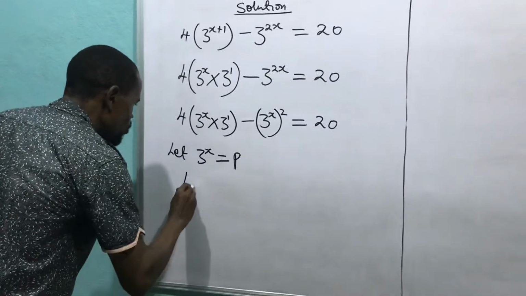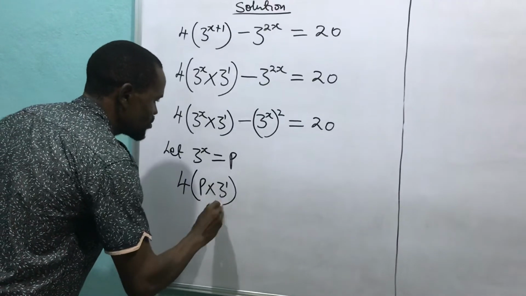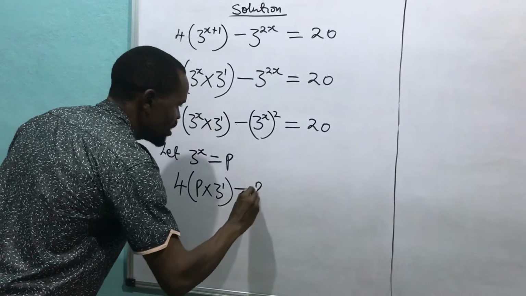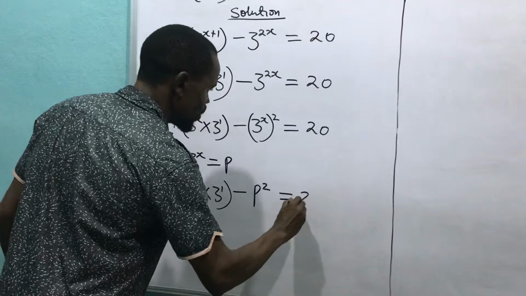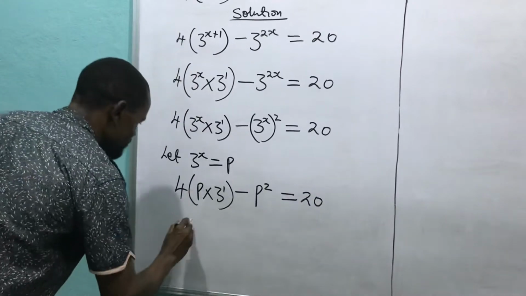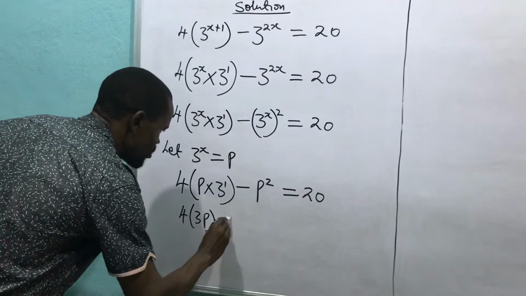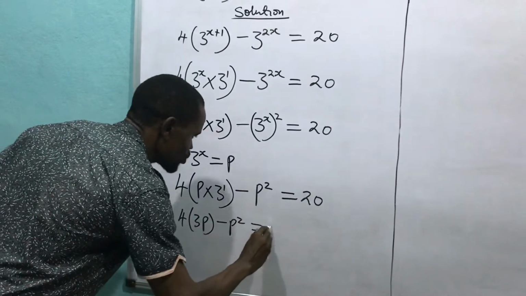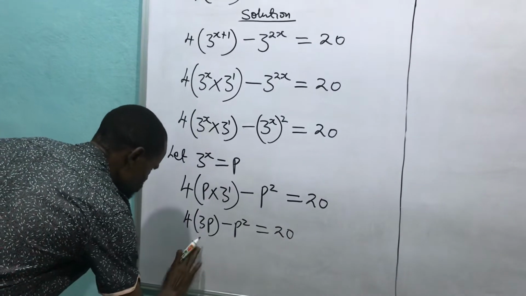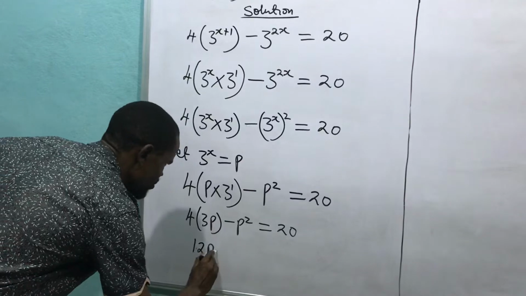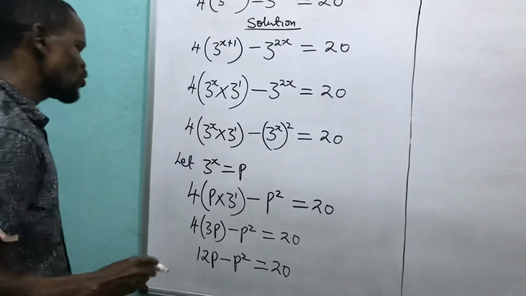I will have 4 into P times 3 raised to power 1, minus P squared, equals 20. This gives me 4 into 3P minus P squared equals 20, and this gives me 12P minus P squared equals 20.